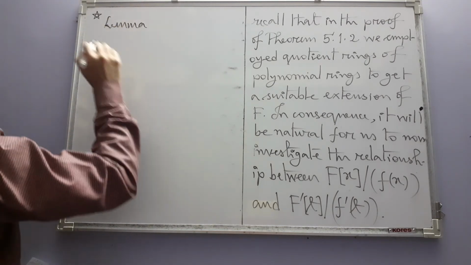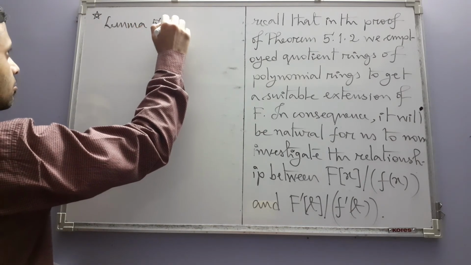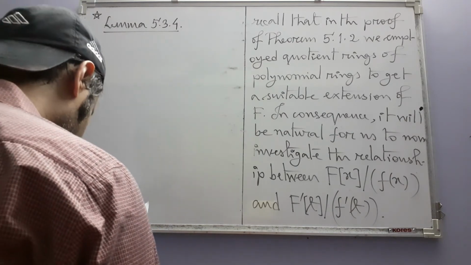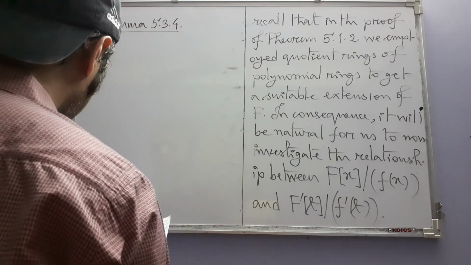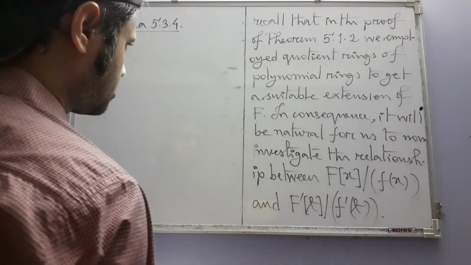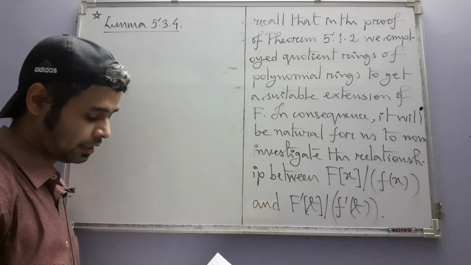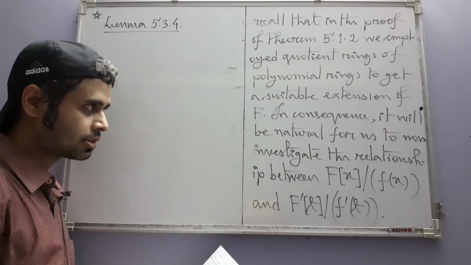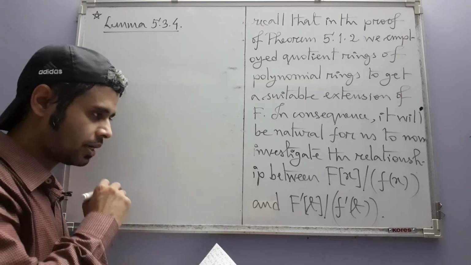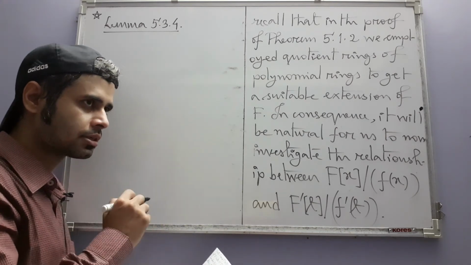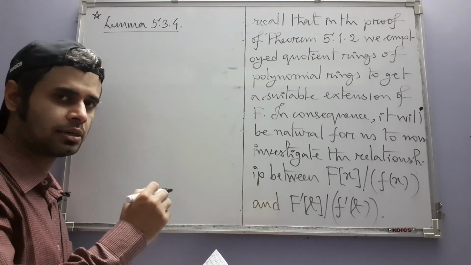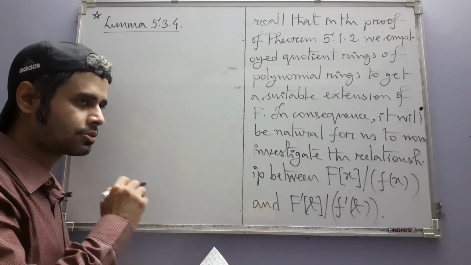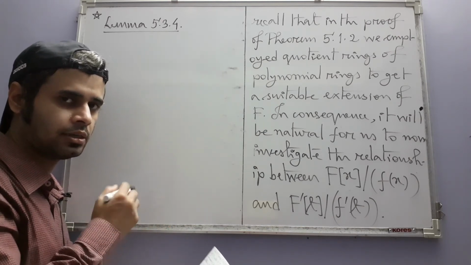So this is the next lemma, 5.3.4. The statement of lemma 5.3.3 does not say that there exists an isomorphism tau star from F[x] to F'[t], such that if you apply tau star on any element alpha in F, you get alpha prime.